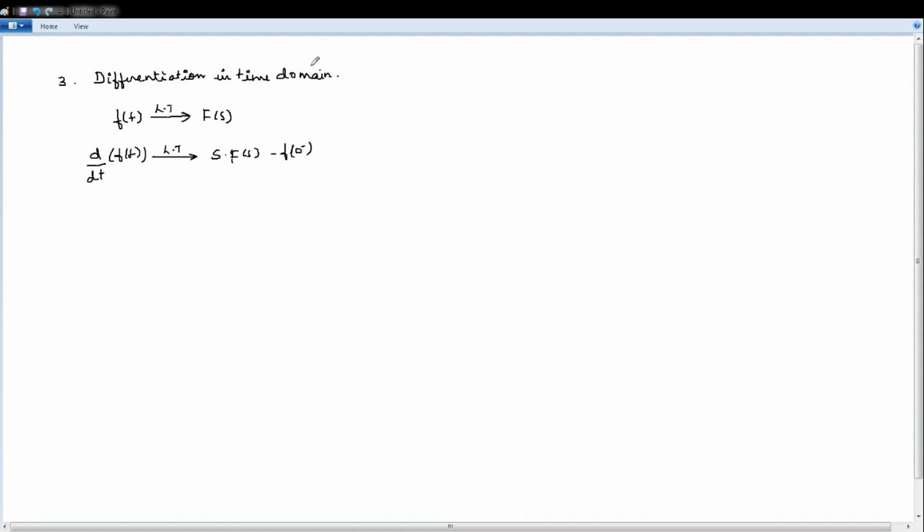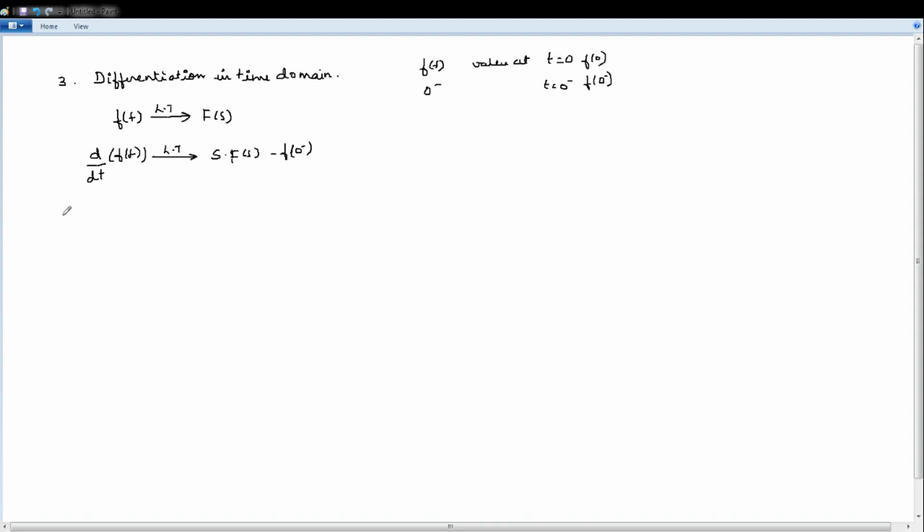Now we are not familiar with what is f of 0 minus. Say f of t is a function in time domain and its value at t equal to 0 is f of 0, right? So if you take an instant just before 0, it is called 0 minus. So the value of f of t at t equal to 0 minus is f of 0 minus, or you can consider it as an initial value.